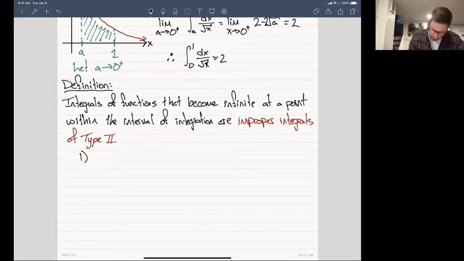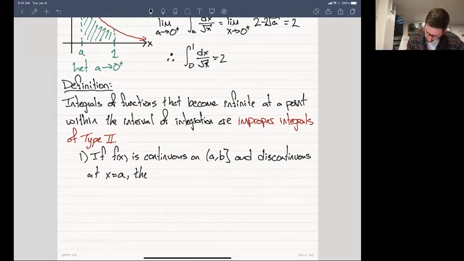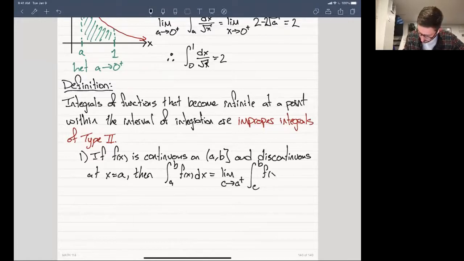The first one says that if f of x is continuous on, say, the interval (a, b], and discontinuous at x equal to a, then the integral from a to b of f of x dx is equal to the limit as c approaches a from the right of the integral from c to b of f of x dx.